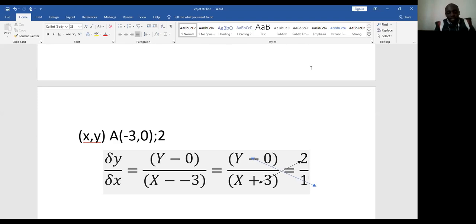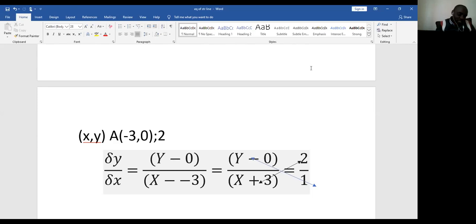Okay, so far, so good. So you can be able to find the equation of a line, also given the x and the y intercepts. So we are doing great.